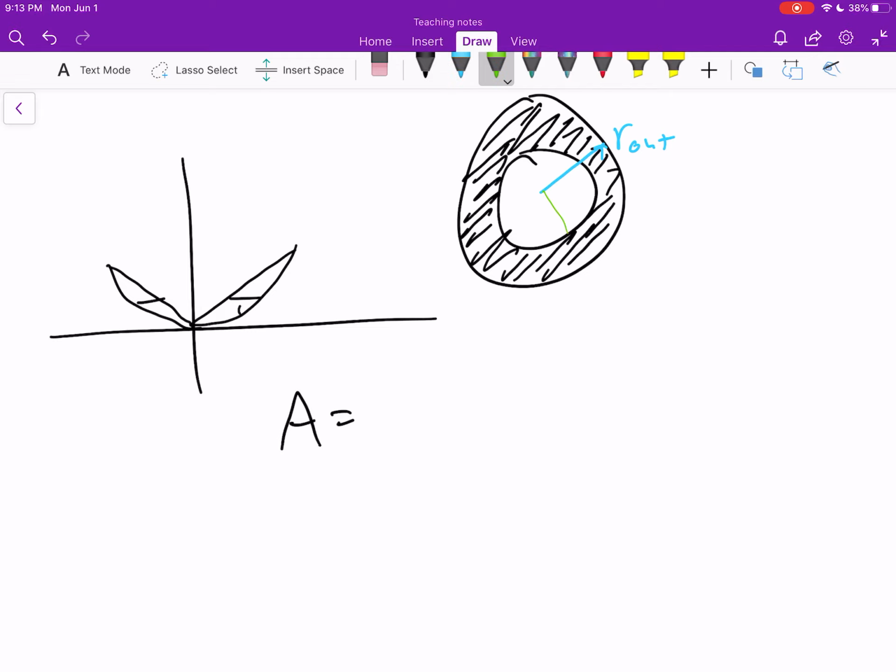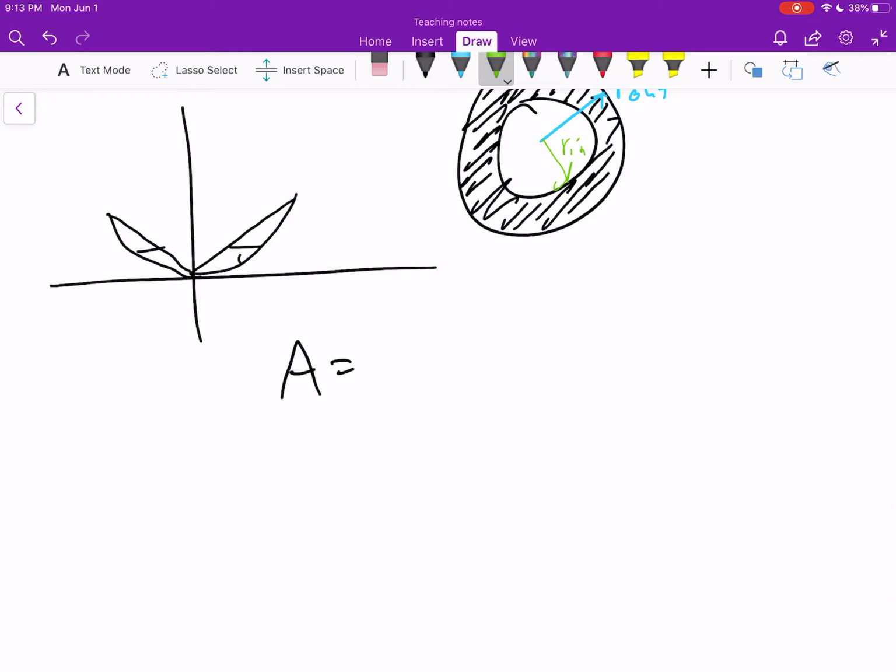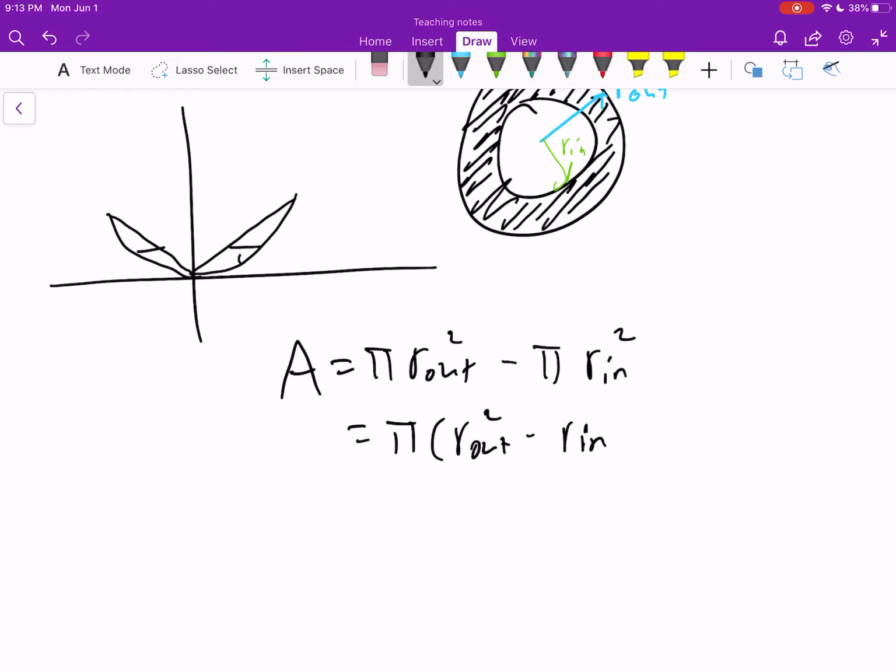We'll call this green one R in. So the area would be the whole area, pi R out squared, and then I also subtract off the inner area. So I just take out that hole in the middle. And you can write this as pi times R out squared minus R in squared.